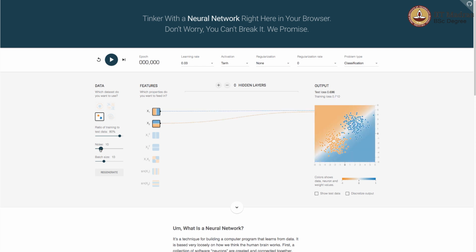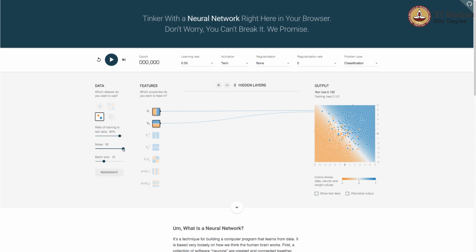Now if you change the noise setting, you can see that some points from the blue class are crossing over to the red class as we increase the noise, right? So if I make the noise, let's say, 45%, you can see that some blues and whites have crossed over. Then you can also look at the test data and see how these points are also scattered across the decision boundary.